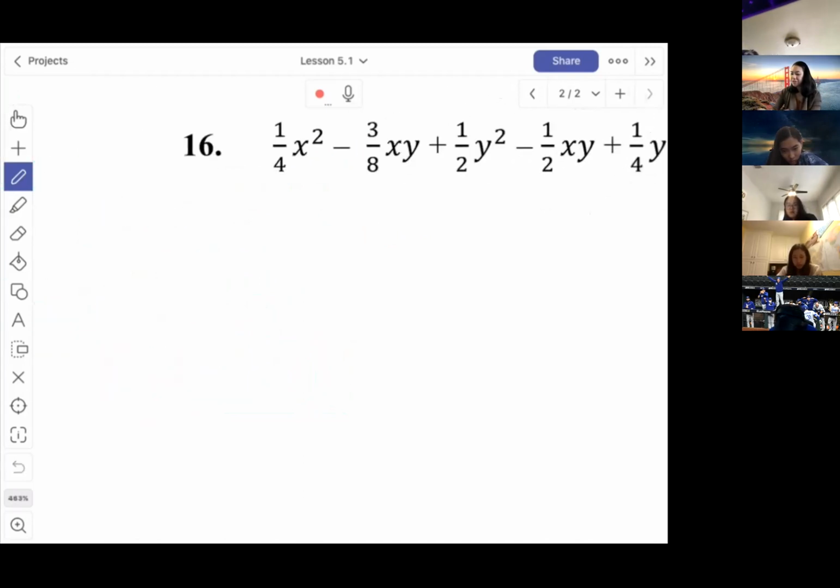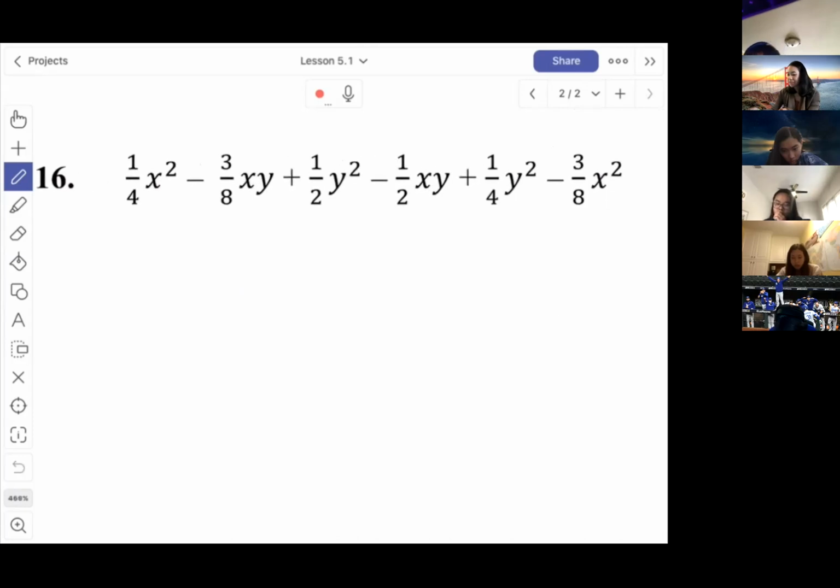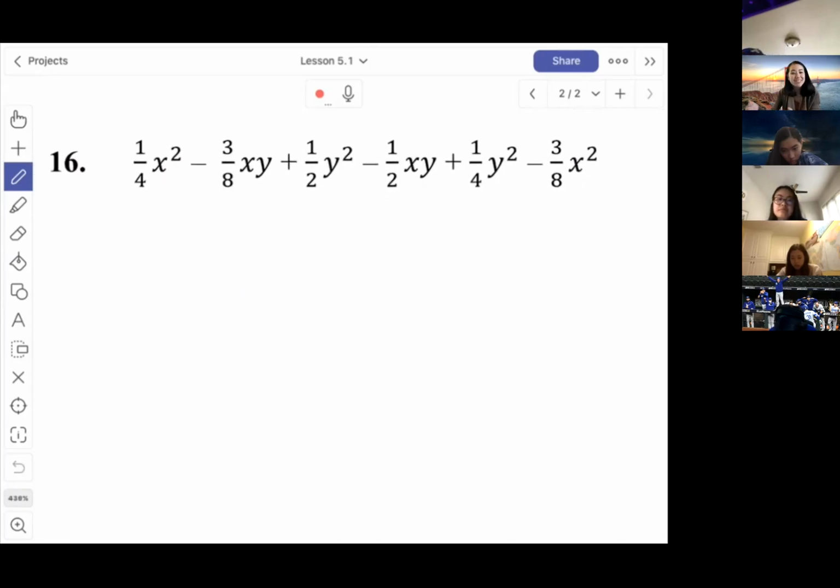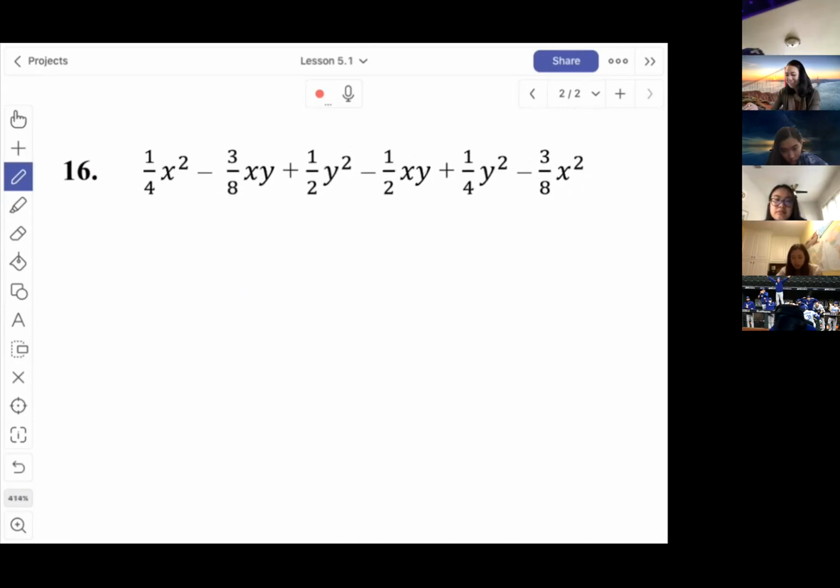All right, let me show you guys number 16 because it looks a little scary. But it's not that scary, okay? Don't worry. You're just combining like terms. So I have an x squared term here, and I have an x squared term here. I need a common denominator, so I'm going to make this 2 over 8 minus 3 over 8, which gets me negative 1 over 8 x squared.